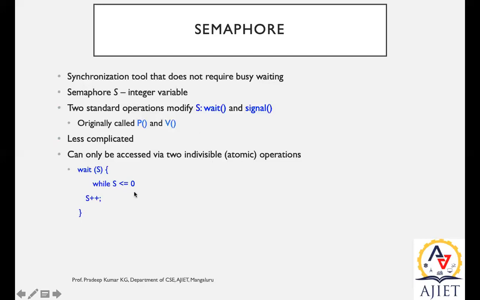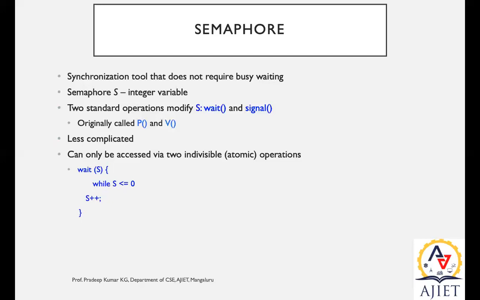Now, how does it work? First, wait is applied on S, and when a particular process is in the wait state, automatically the previous one will get the access and S is incremented.